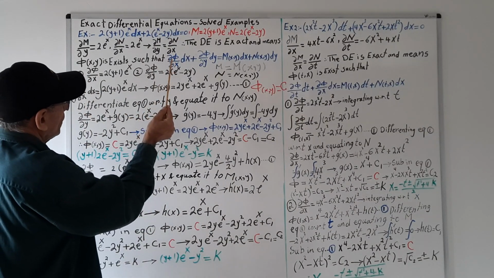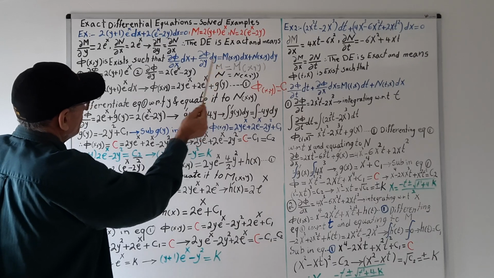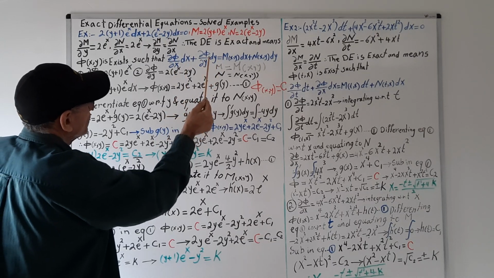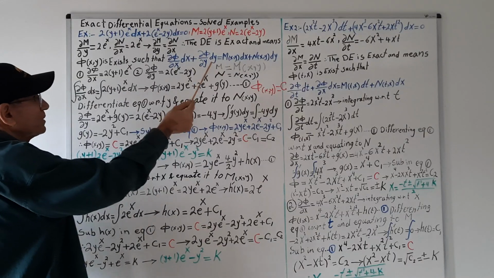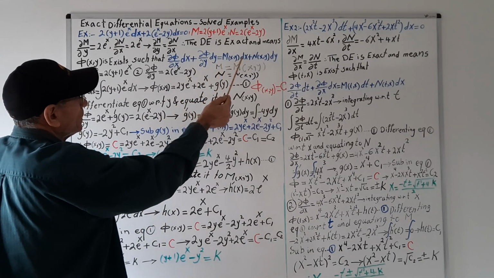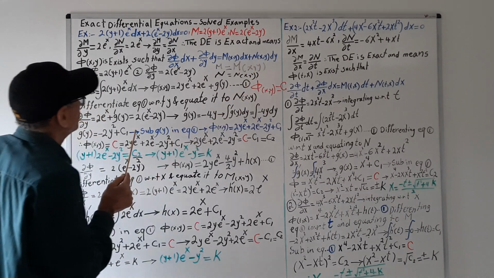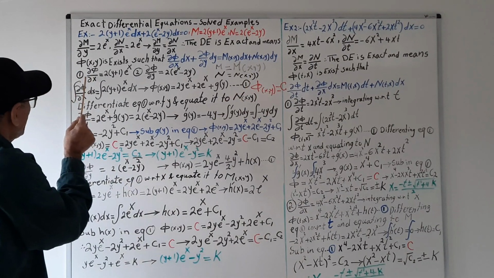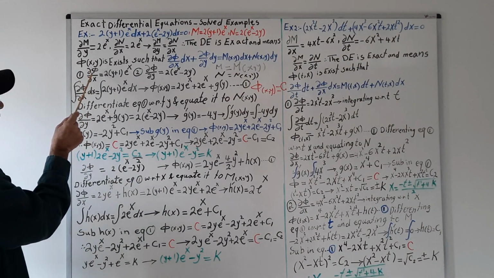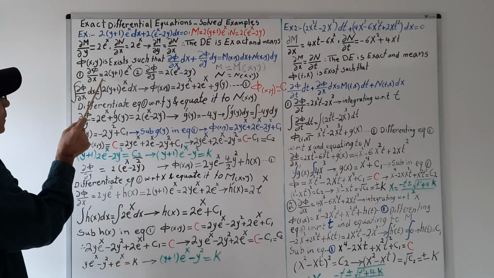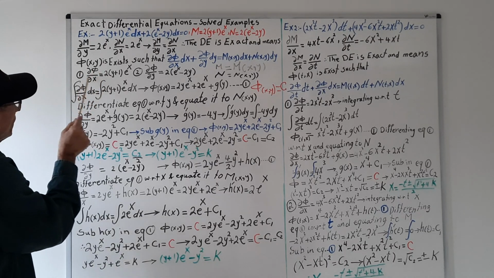We have partial of phi with respect to x, dx, plus partial of phi with respect to y, dy, equal M dx plus N dy. So first we integrate with respect to x here.